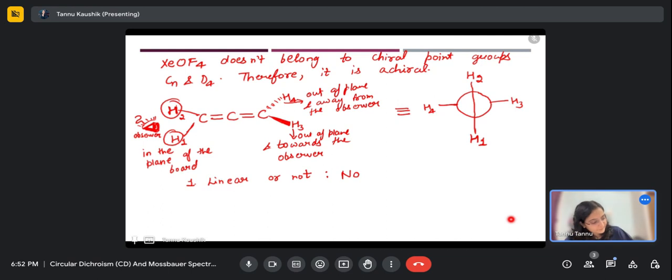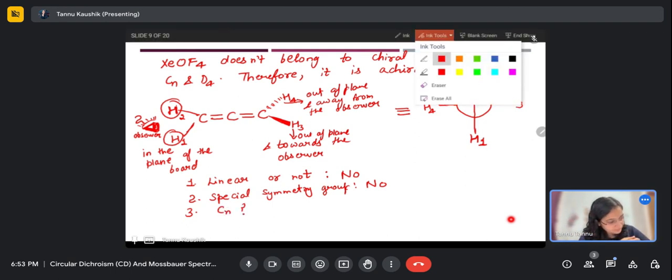So the molecule is not linear. The second question is, does it belong to special symmetry group? No. Then the third question is, does the molecule have proper axis of rotation?